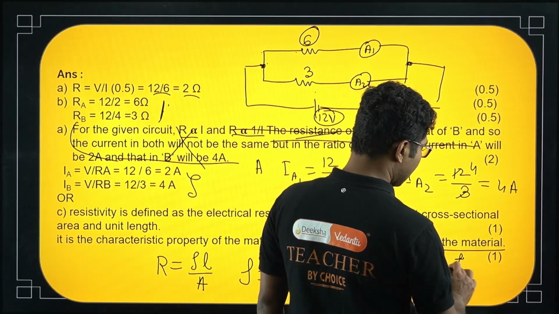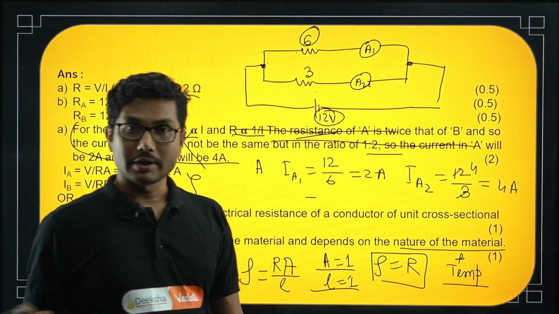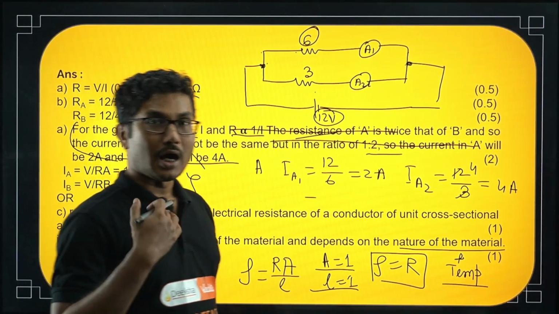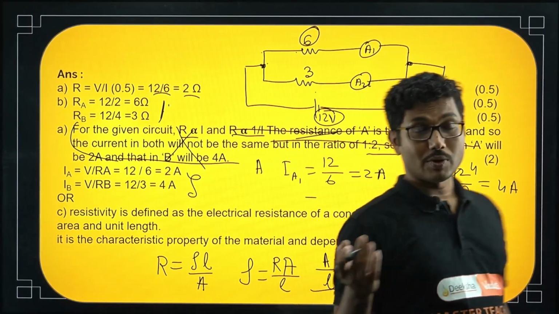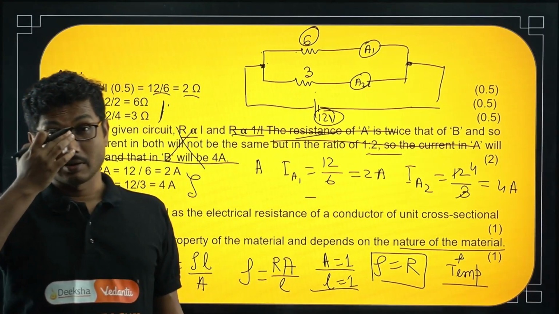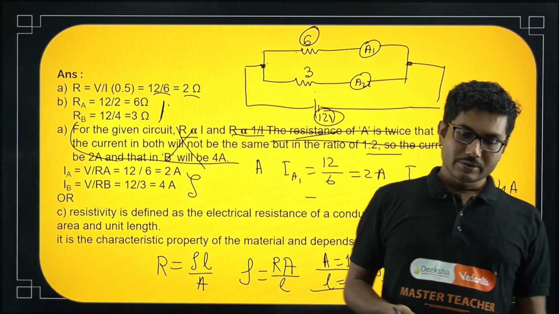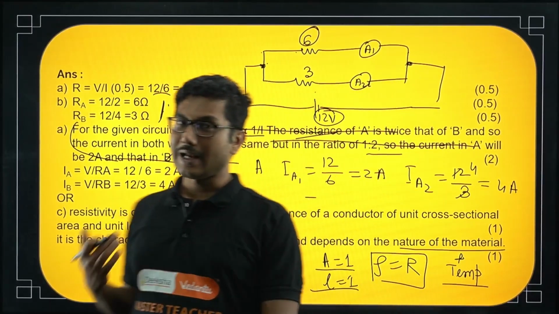Temperature is another factor on which resistivity depends. It does not depend on how long the conductor is or what its area is. Resistance depends on them, but resistivity does not. Resistivity is a constant for a material, right? So it depends only on temperature and the material.